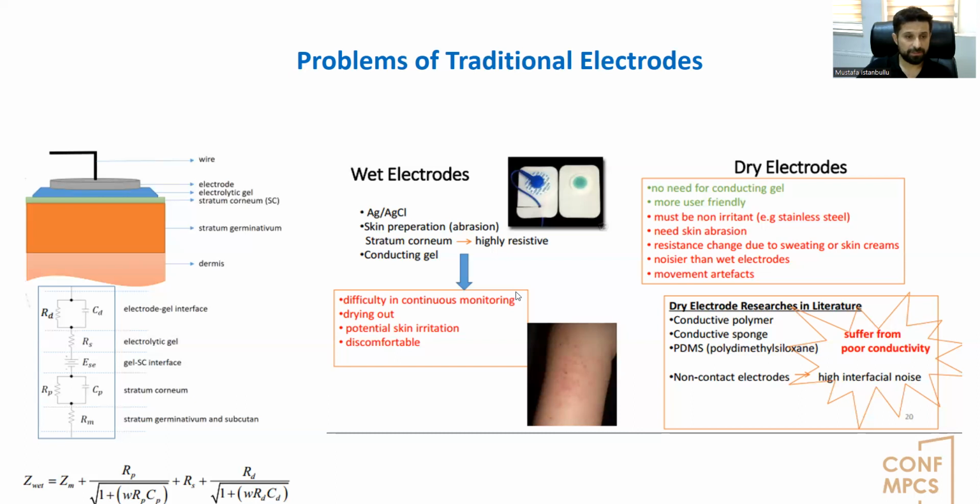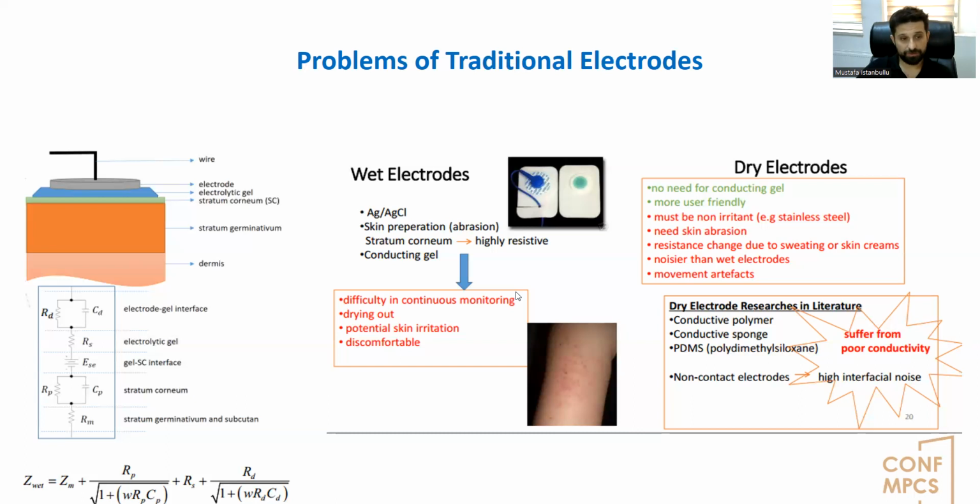In clinical applications, a conductive electrolytic gel is generally used for increasing the conductivity and contact surface area between the skin and the electrode. The conductive gel diffuses inward through the skin surface and it reduces the contact impedance. However, in long-term measurements, the gel dries out and the measurement quality of the signal decreases gradually.